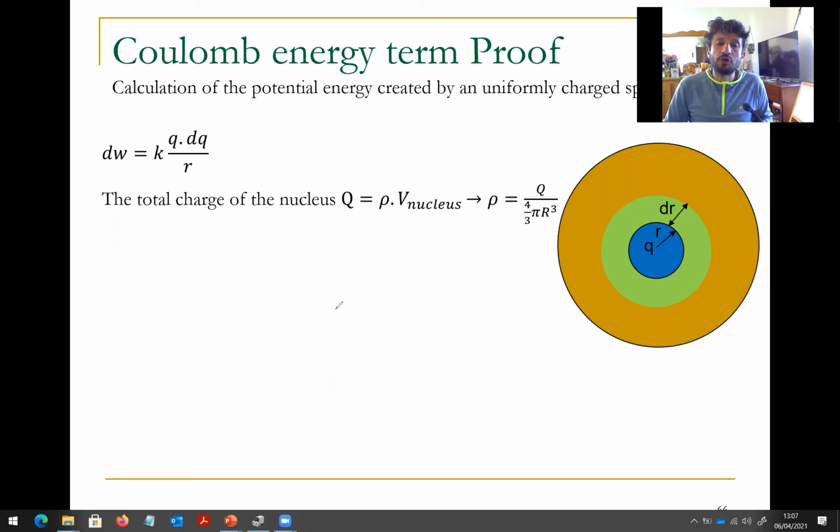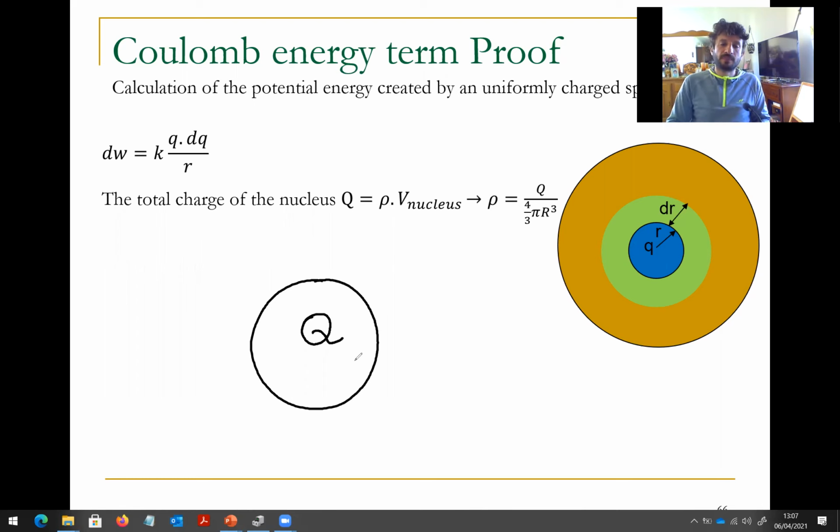But before that, the final shape of the nucleus is a spherical object that has a charge capital Q. As we have a volume charge density of this object equal to rho, Q total of the nucleus equals the volume charge density rho times the volume of the nucleus, which is 4 divided by 3 pi R cube, where capital R is the total radius of the nucleus.